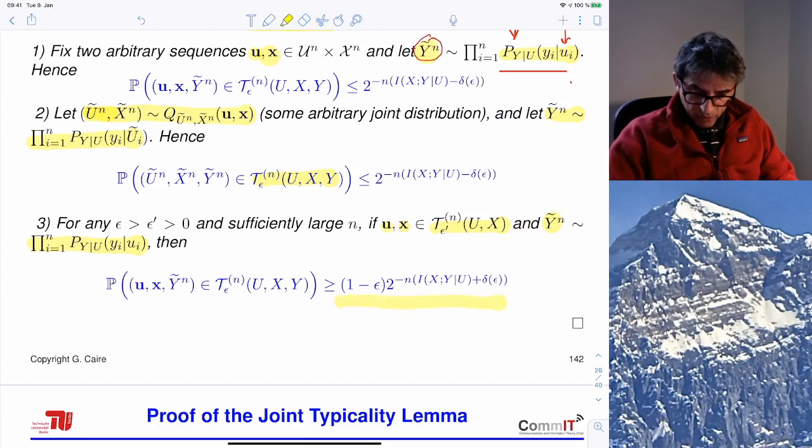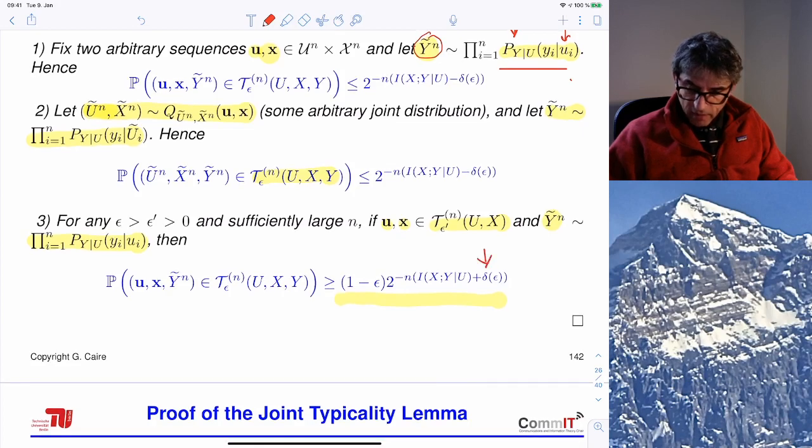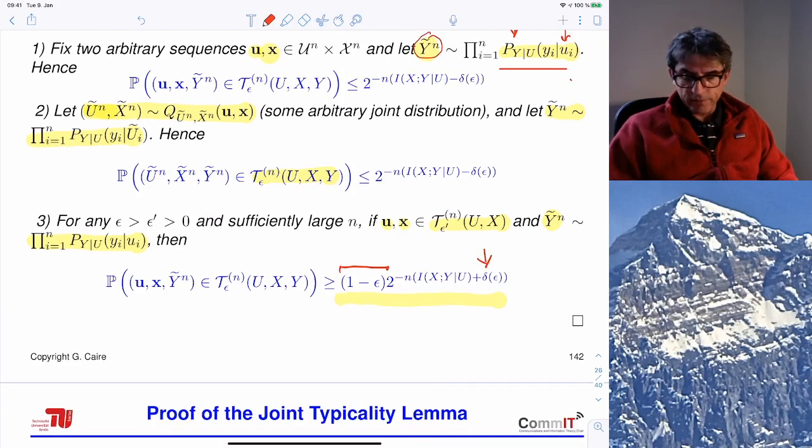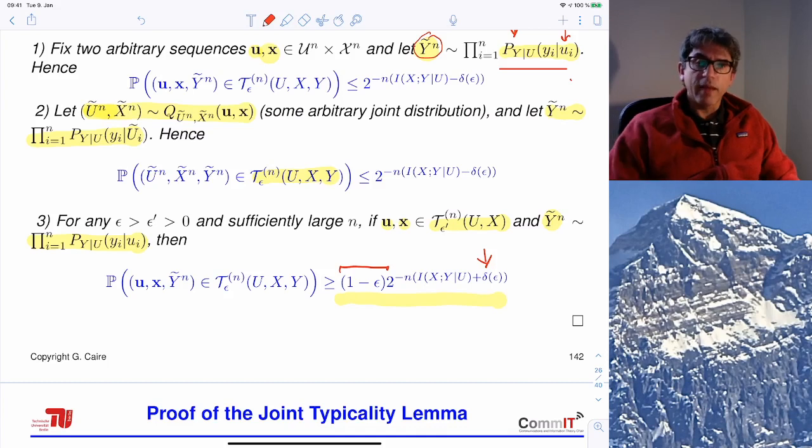The only difference is that now this small quantity delta is with a plus, and we have this 1 minus epsilon in front. But the dominating terms of all these upper and lower bounds are always 2 to the minus n times the mutual information of X and Y given U.